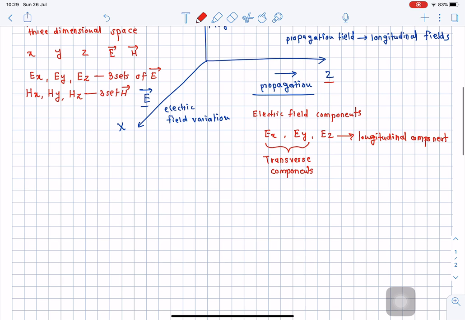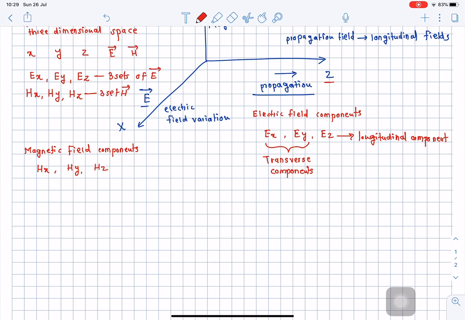Similarly, we can express how the magnetic field components are given, using the same technique. The magnetic field components are given as Hx, Hy and Hz.